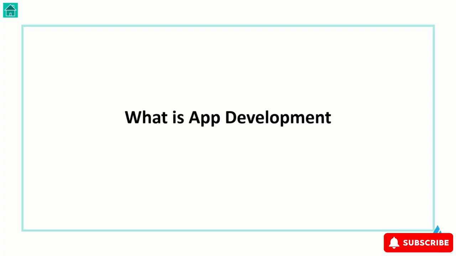App development is divided into two types, native and cross-platform. Native app development entails designing programs that are built particularly for a certain operating system, for example iOS or Android, and developed in a programming language that is native to that platform.